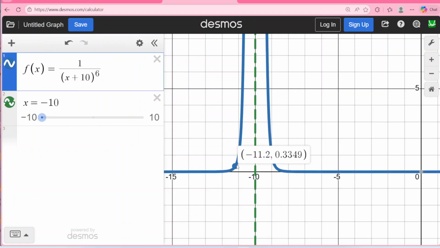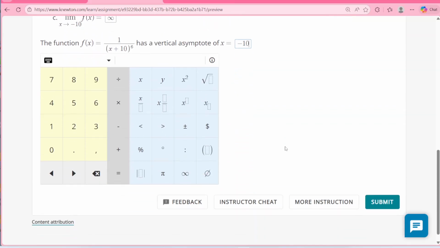And you can see the asymptotic behavior, going toward that line but not actually touching it. And this is on both sides again. It doesn't have to be on both. As long as it happens on one of the sides, call it an asymptote. So you have left side to infinity, right side to infinity, so two-sided to infinity as well, then a vertical asymptote, x equals -10.